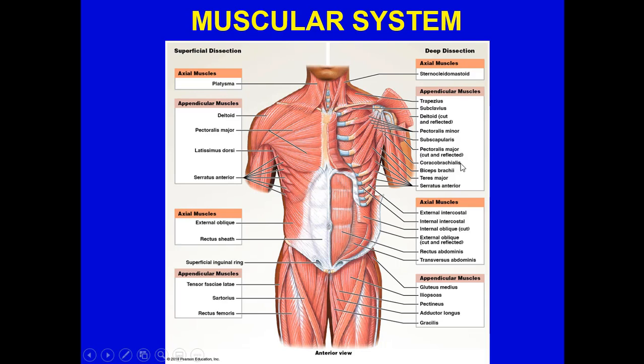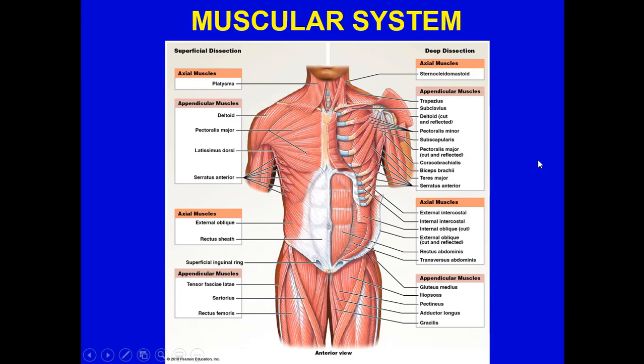Then we have the coracobrachialis right up here. The biceps brachii is over here. The teres major is right here, almost under the armpit. The serratus anterior is all the way through here.